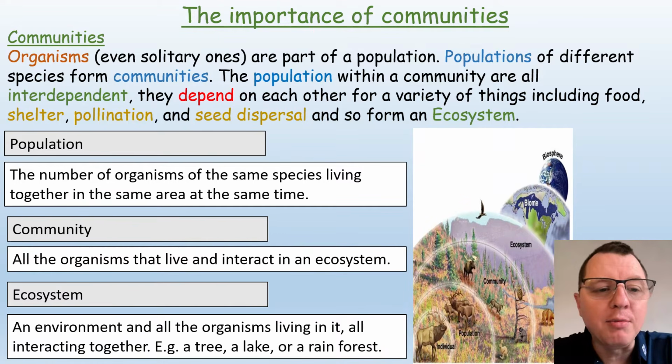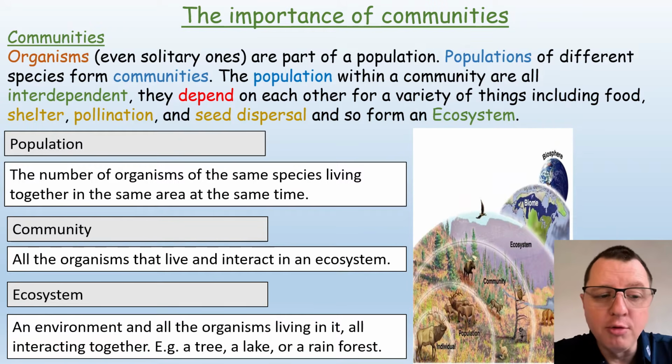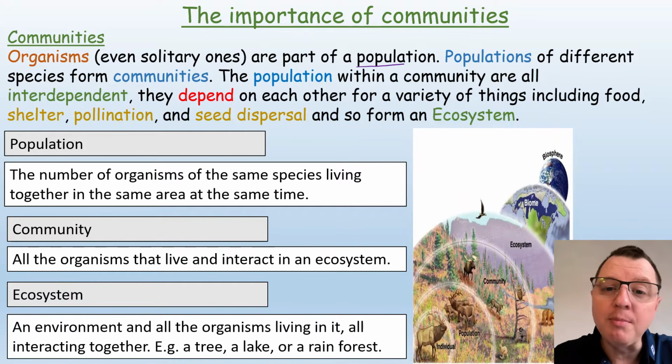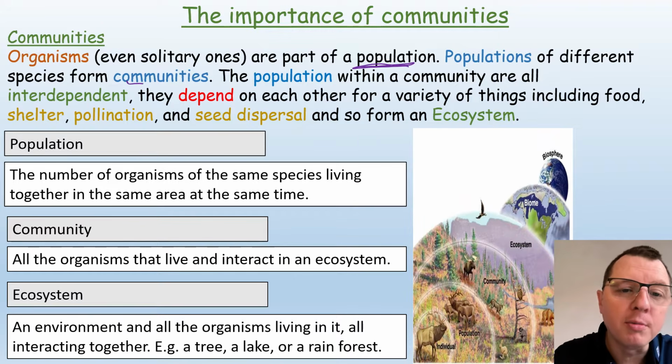So as we begin, we need to think about a number of specific definitions. There are a number of words that you may use in everyday life that have actually very specific definitions when it comes to ecology. So organisms, even solitary ones, are always part of a population, and populations of different species will form communities.